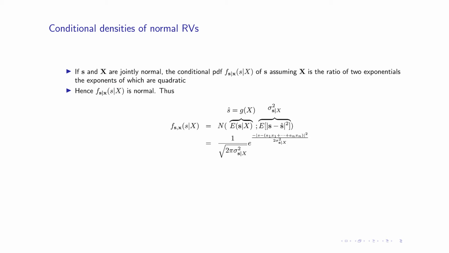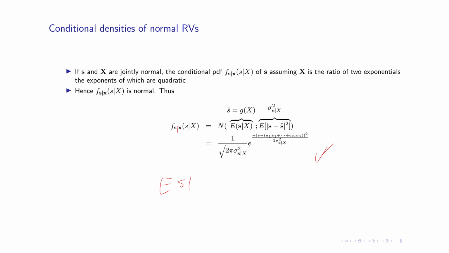So f of s given x becomes the ratio of two normal distributions, and this ratio can be simplified and becomes also normal.